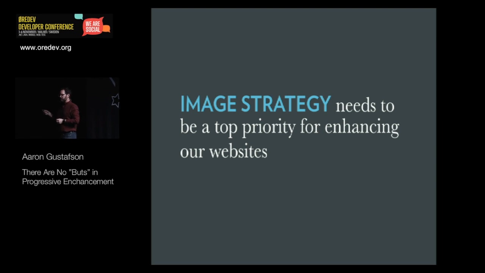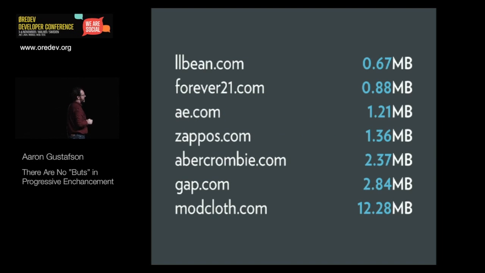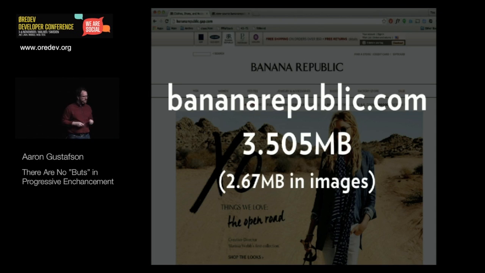So we really need to be considering our image strategy because images are the main killer in most e-commerce scenarios. If we look at a couple of different e-commerce sites, we can see that they range from just over half a megabyte to 12.28 megabytes for a website. It's probably responsive though, so it's all right. No, we really need to be considerate about our images.